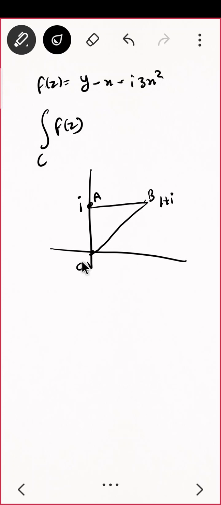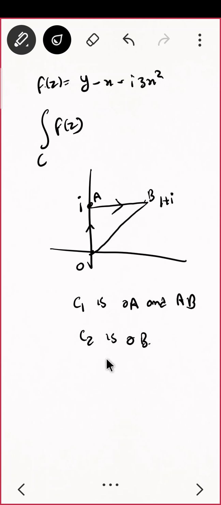And what they are saying, your C1 is OA union EB. OA and EB, that is your C1. This and this. Correct? And what is your C2? C2 is OB.